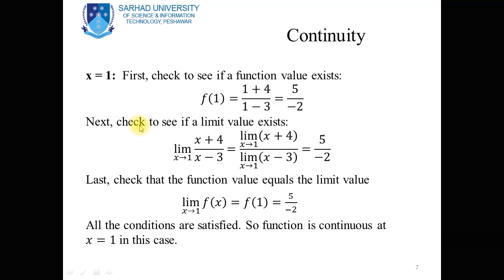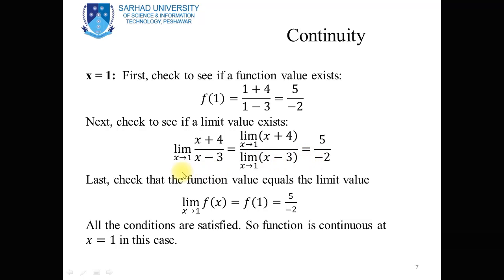Now to check if a limit value exists, we put this as a limit x tends to 1, x plus 4 divided by x minus 3. By using the law of limit for the quotient of two functions, applying the limit to the numerator and applying the limit to the denominator, we put x is equal to 1 in the numerator, 1 plus 4 is 5, and in the denominator 1 minus 3 is equal to minus 2.